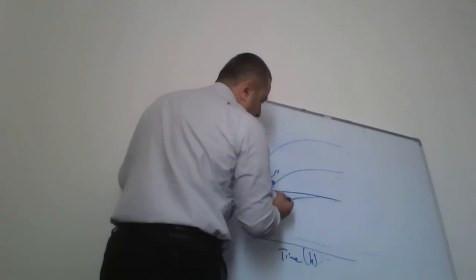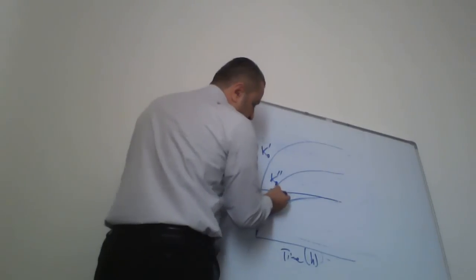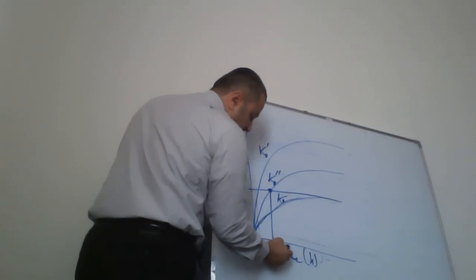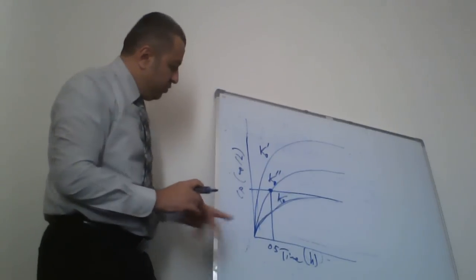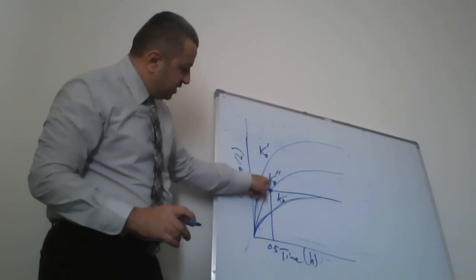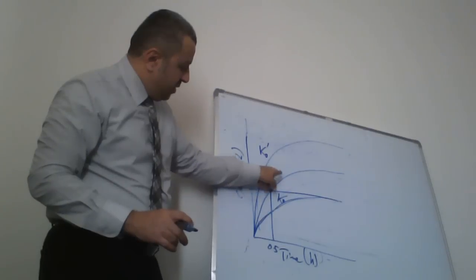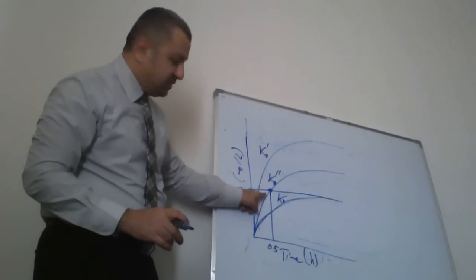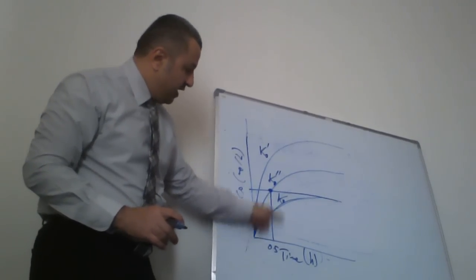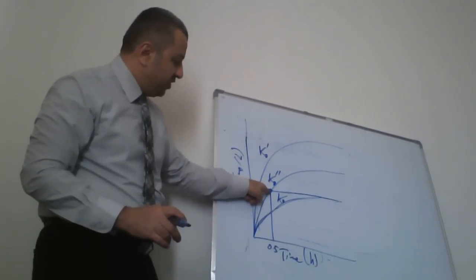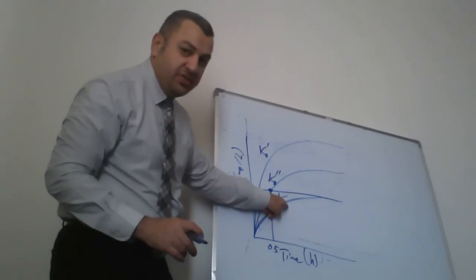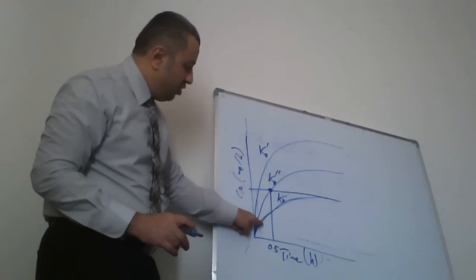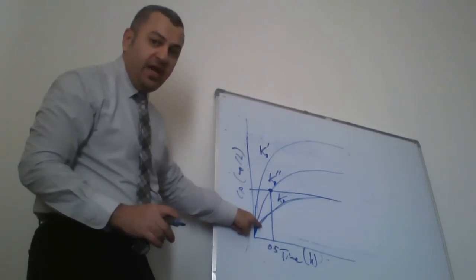So the idea is, this is my CPSS for this slow infusion. Let's say I want to get it at time half an hour. So what do I do? I use K0 double dash. I make it fast so that in half an hour I get to this concentration, which is my target concentration, and then I have to slow down the infusion rate to K0.